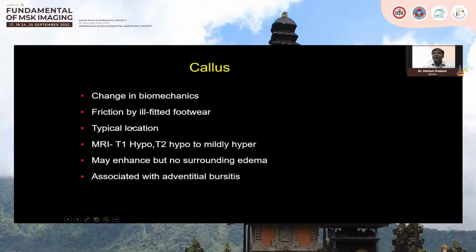They have a typical location, particularly the head of the metatarsal or the great toe, or maybe the lateral malleolus. Calluses show T1 hypointense as well as T2 hypointense signal. They may enhance, but the surrounding edema is very little.